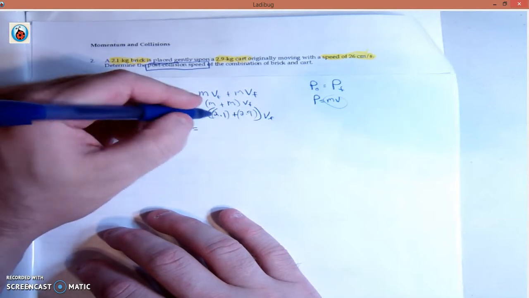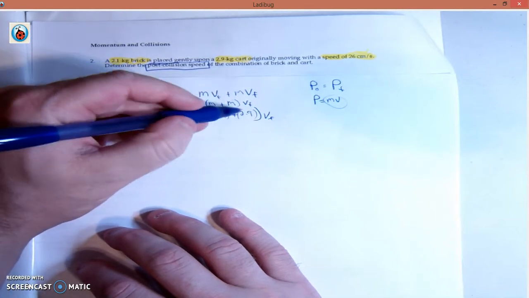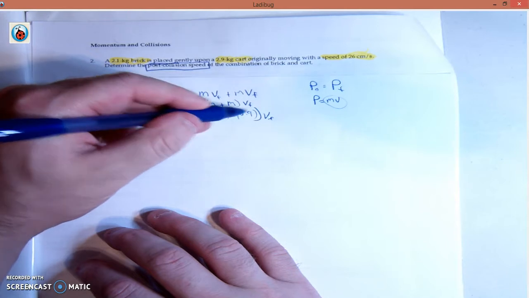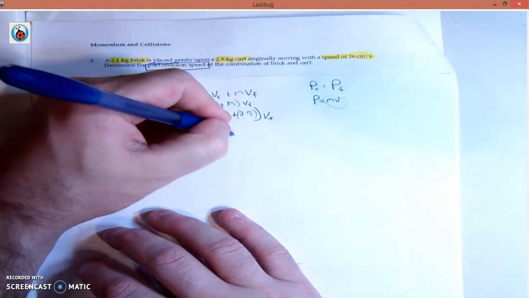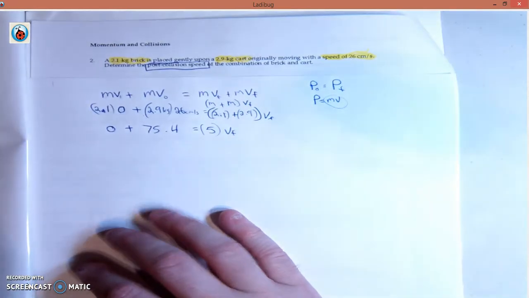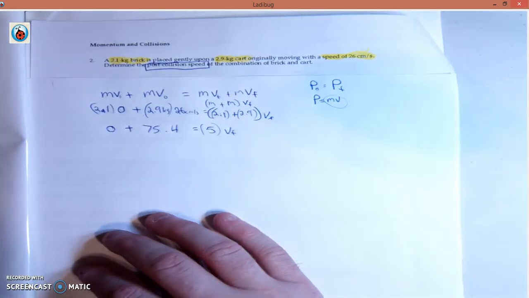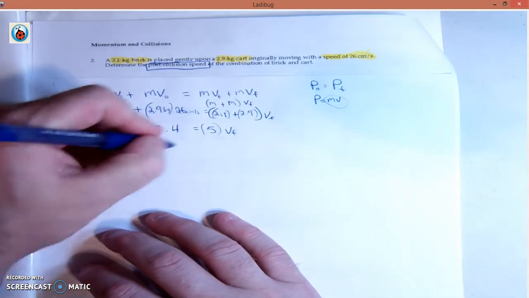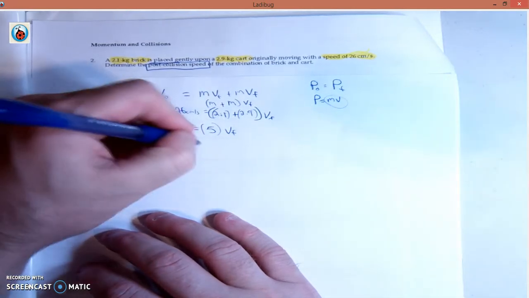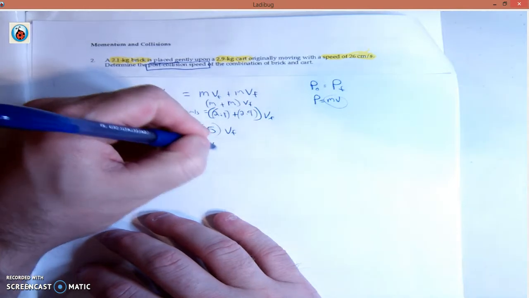Equals 2.1 plus 2.9, so that is 5, times the final velocity. Oh, this is going to be an easy one, I think. Methinks this will be easy. So let's rewrite this again. 75.4 equals 5 times the final velocity.